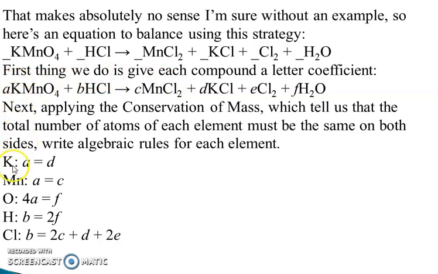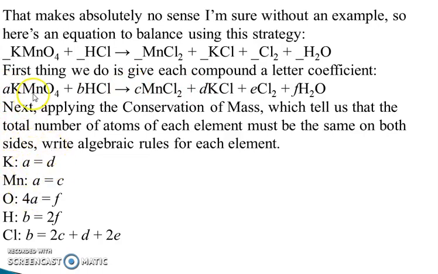On the reactant side along with K, A is there, and on the product side along with K, D is there. So we make A equal to D. K is a single atom here and also single here. So A gets multiplied by K and D gets multiplied by K, so it becomes A equal to D.